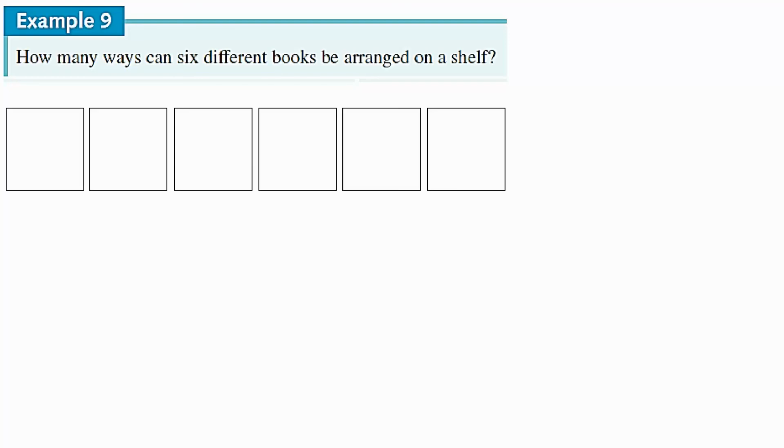It makes sense because, remember, the order matters. In the first position, how many different books did I have? I had 6, and I chose one of them. Then for the second position I only have 5 left, then 4, and so on. That's why it makes sense to say 6 factorial.